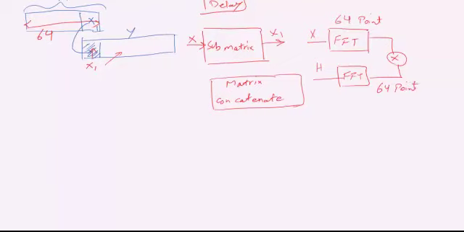If you do not set the output of the FFT to 64 point, then you cannot multiply them together. That's where most of the errors come from when you compile your model, if the sizes of the FFTs do not match.